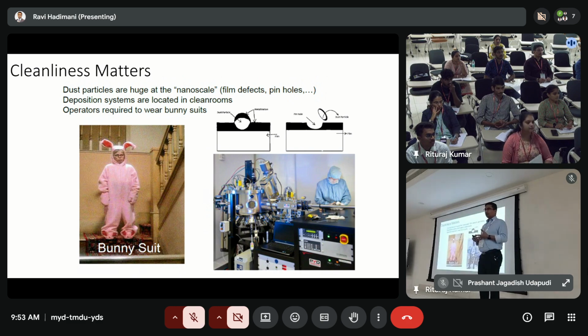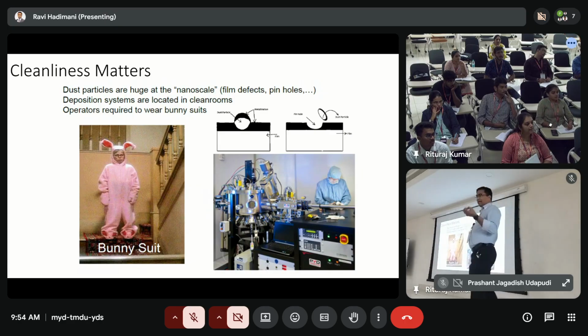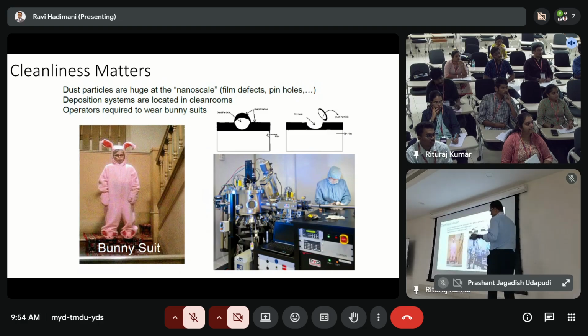The temperature is always kept at 20 degrees in some countries, 25 in other countries. And they are classified. There is a classification system for clean rooms, 1,000 level or 10,000 level. 1,000 level means there are only 10,000 particles per 1 meter cube. I think again I have to verify.